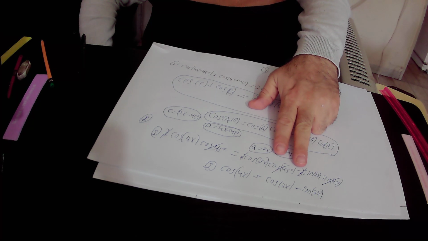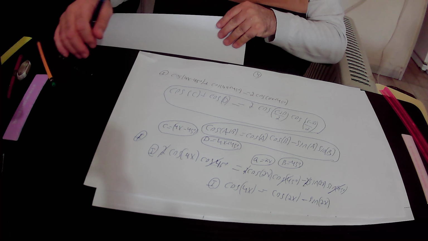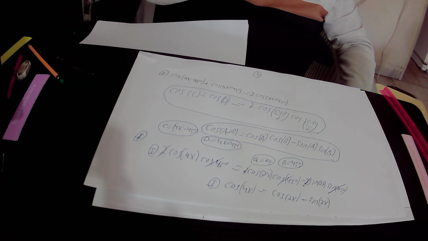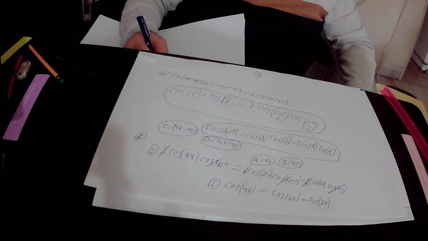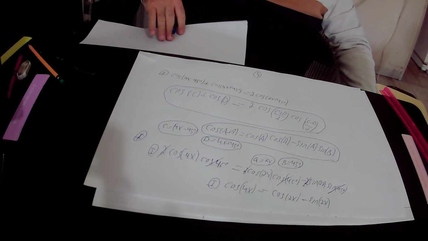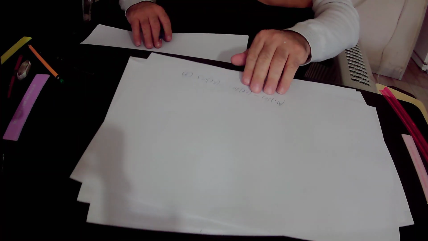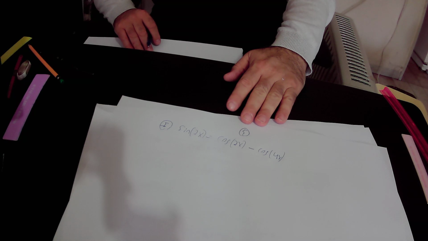Here we will add sine 2x to this equation and we will subtract cosine 4x, and we will get that, according to equation number 1, sine 2x equals cosine 2x minus cosine 4x.